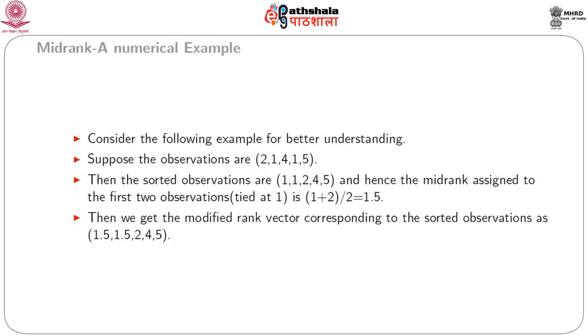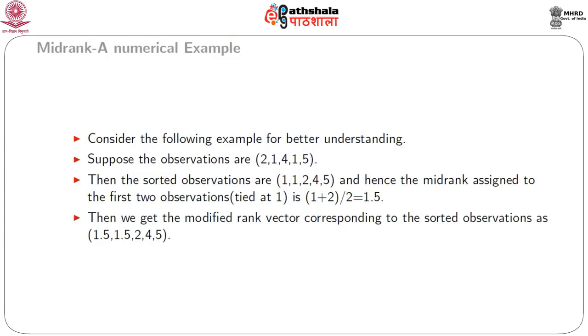So, let us illustrate the concept of mid-rank through a numerical example. There are 5 observations, and they are 2, 1, 4, 1 and 5. When we sort the observations, we get 1, 1, 2, 4, 5, and hence the mid-rank assigned to the first 2 observations, which are tied at 1, is 1 plus 2 divided by 2, that is 1.5.